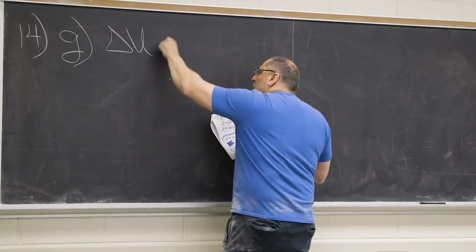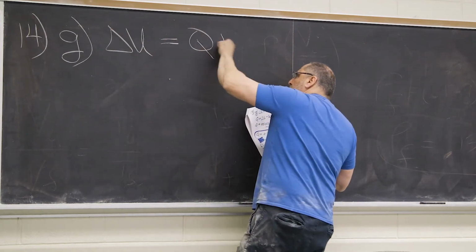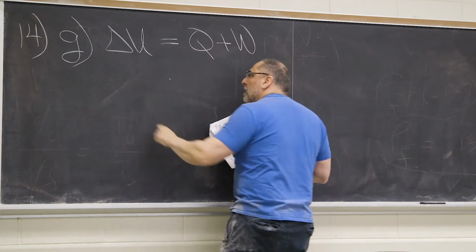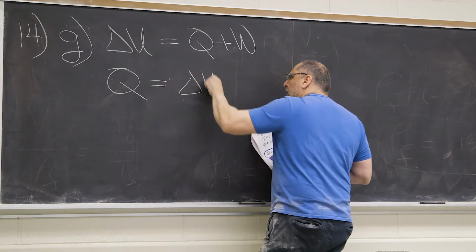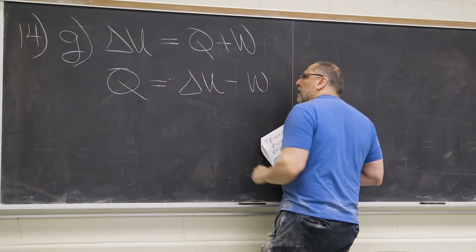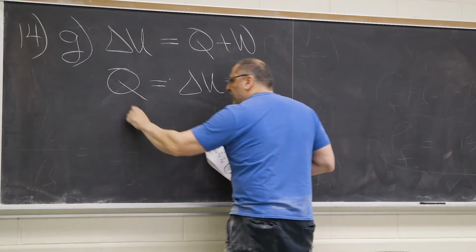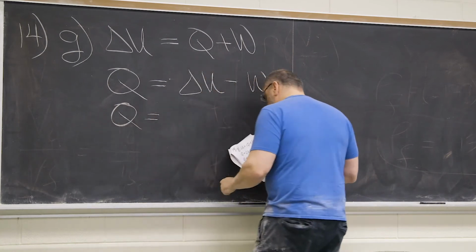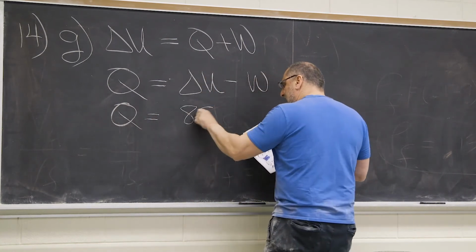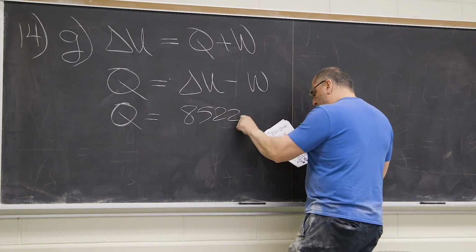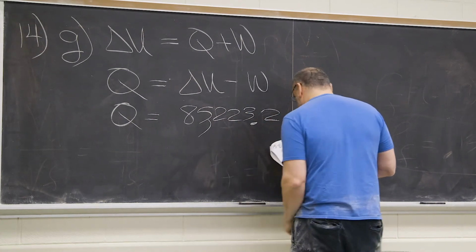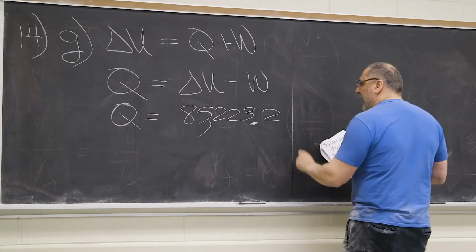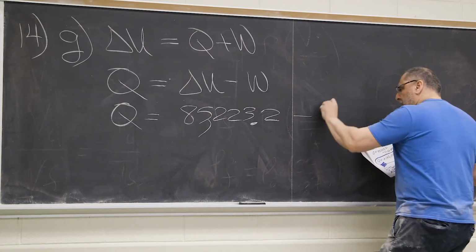We have delta U equals Q plus W. What does that mean? If you want to solve for Q, subtract W on each side, and you solve for Q. We just said delta U was this: there was a change in the internal energy, according to our bookkeeping, minus the work.